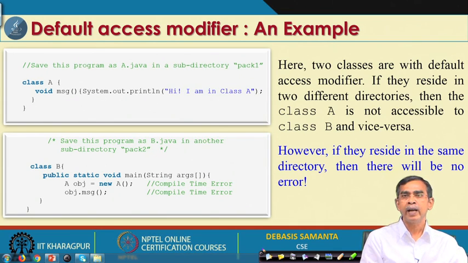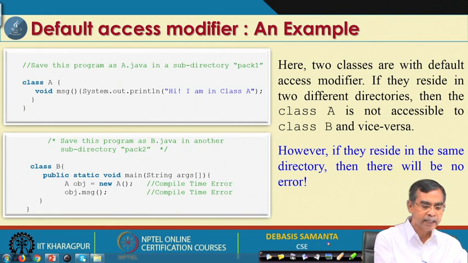So, if no access specifier is mentioned, it means that class A is declared as default. Similarly, the method MSG, whose return type is void, does not have any access specification. This means it is default by default. So, the access specification for both class A and method MSG belonging to class A is the default access specification.